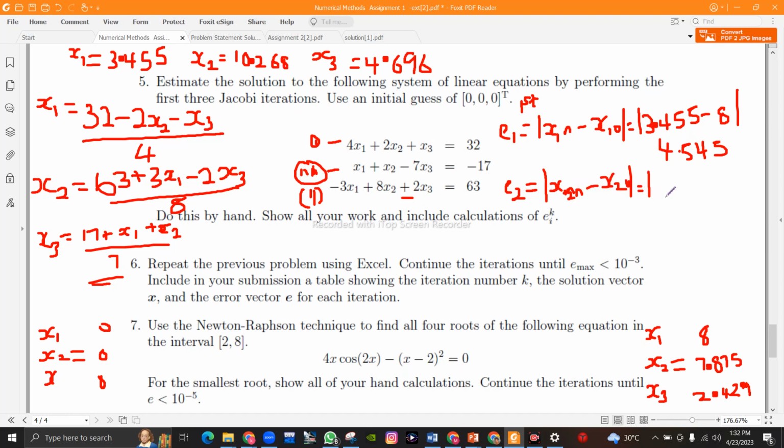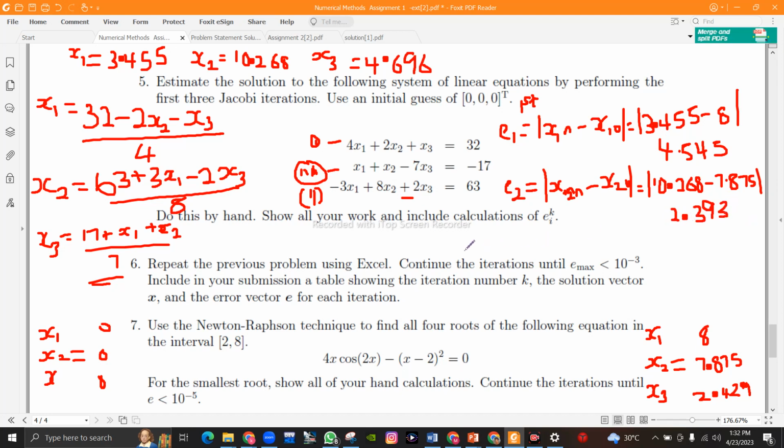That's 10.268 minus 7.875, which is the old one. We subtract that. 10.268 minus 7.875, you have 2.393, which is our error 2.